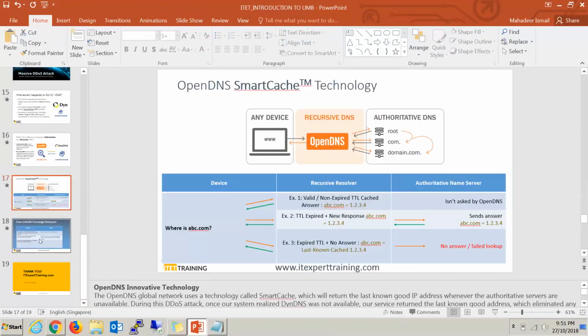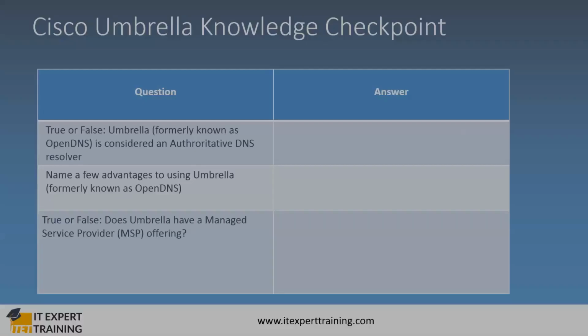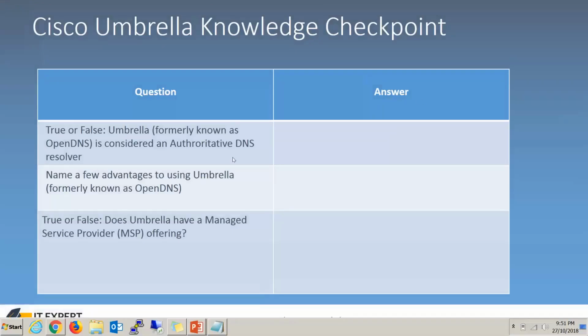With that, we come to the final part, which is question and answer. I think everyone is familiar with this right now. Is Umbrella an authoritative DNS or a recursive one?